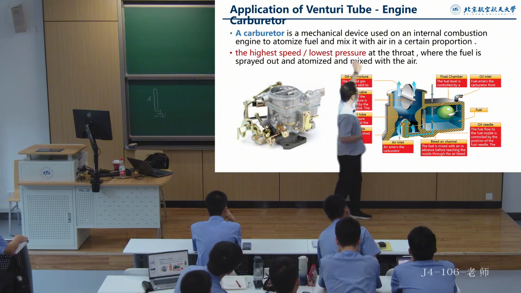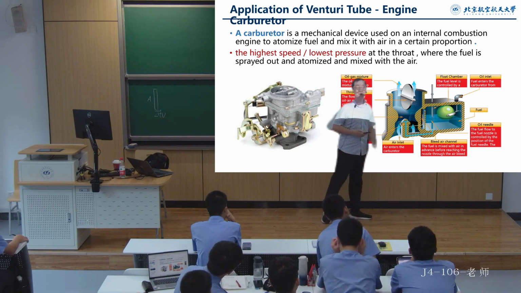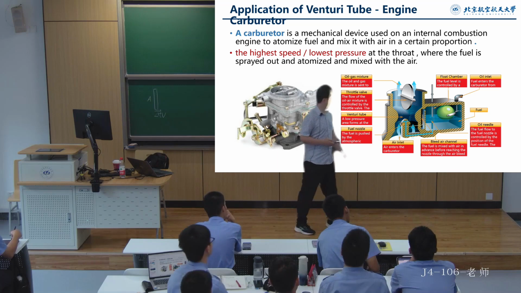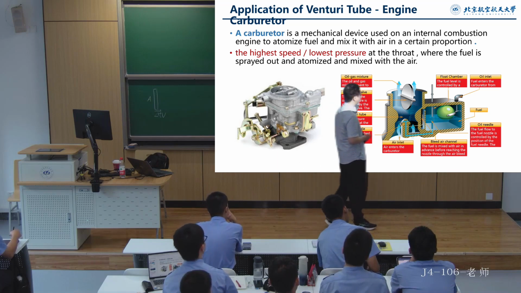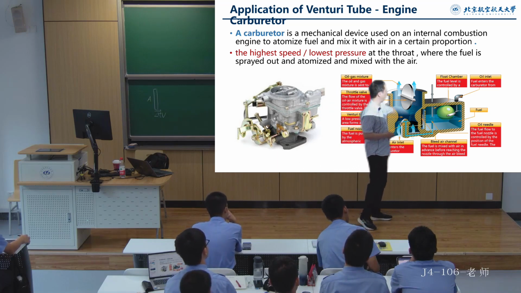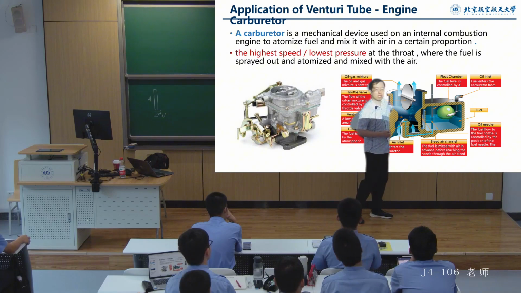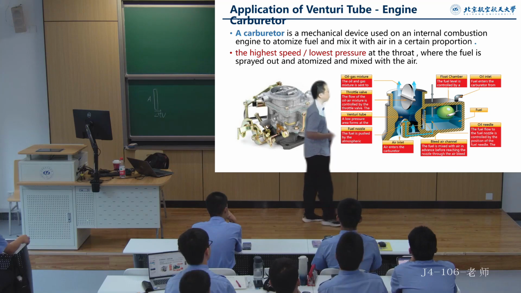This is the basic working principle of our carburetor. So what about this carburetor? Essentially, we say it's a Venturi tube, and it follows certain conventions when in operation. At the position where the flow speed is low the pressure is strong, and in the throat, the flow speed is high and the pressure is low.